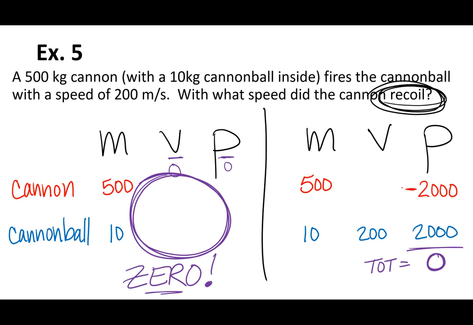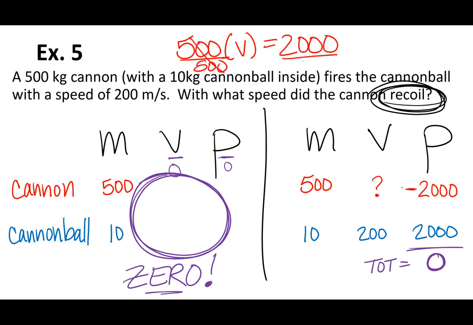And from there, we can indeed solve for the velocity. What makes this a little easier is that the whole left side, before it's fired, is 0. So all you have to worry about is what's happening on the right side. And so we have 500 times V equals negative 2,000. So divide by 500, and we get a V of negative 4 meters per second.